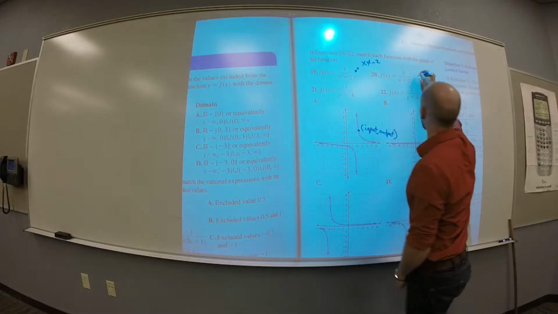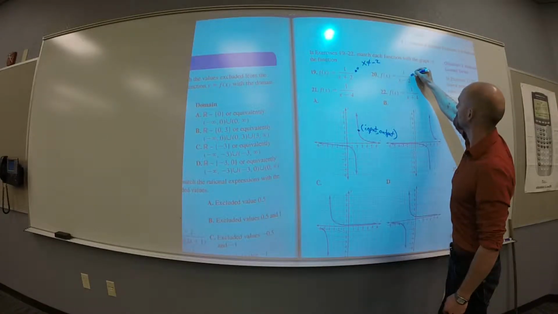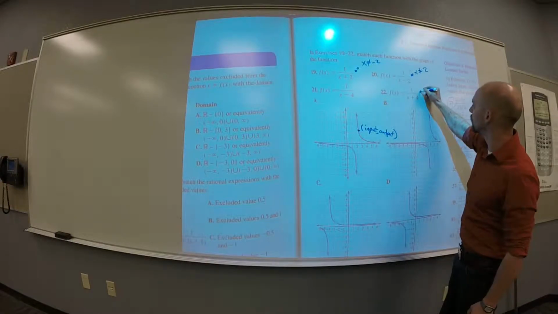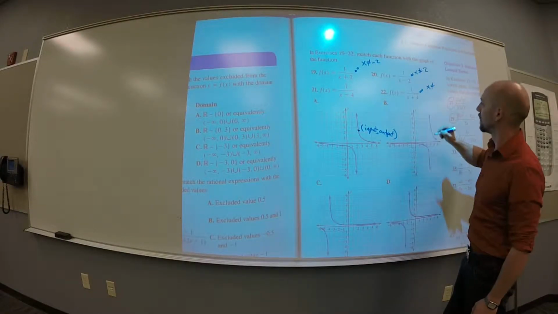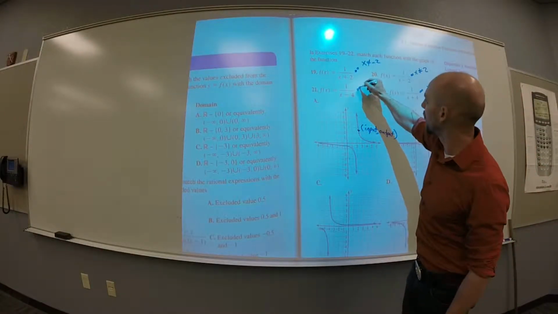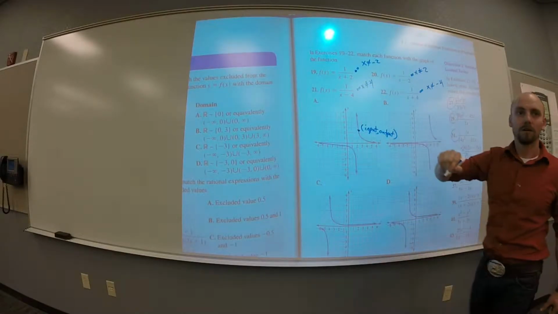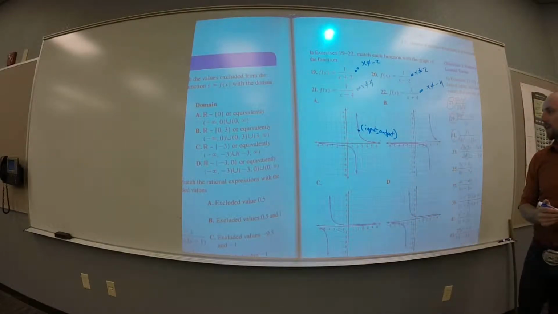For 20, x can't be positive 2. For 22, x can't be negative 4. And for 21, x can't be positive 4. So I just go and find those values.